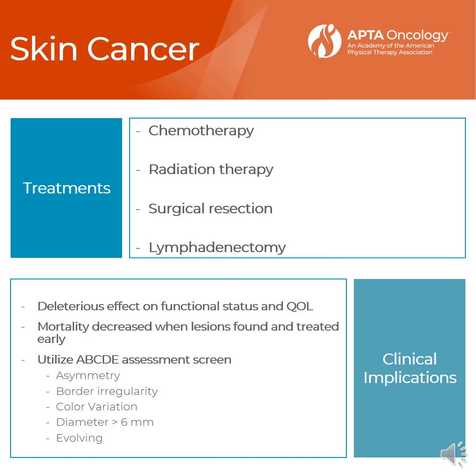D is for diameter, greater than 6 millimeters or the size of a pencil eraser. And E is for evolving, meaning the mole or skin lesion looks different from the rest or is changing in size, shape, or color. The A, B, C, D, now including E criteria, have been verified in multiple studies documenting the effectiveness and diagnostic accuracy of this screening technique.